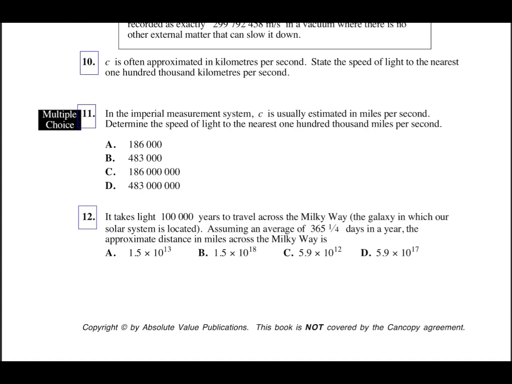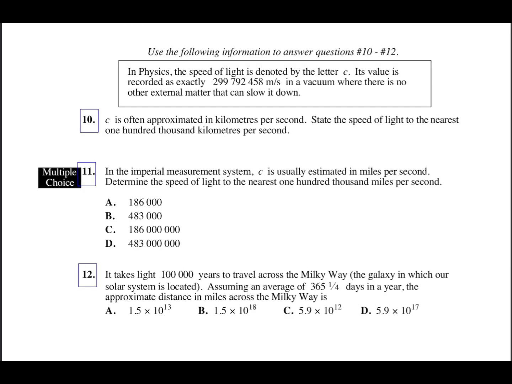Okay, for 11, in the imperial measurement system, c is usually estimated in miles per second, so determine the speed of light to the nearest 100,000 miles per second. Here, c is this number, in meters, and we need to change into miles.